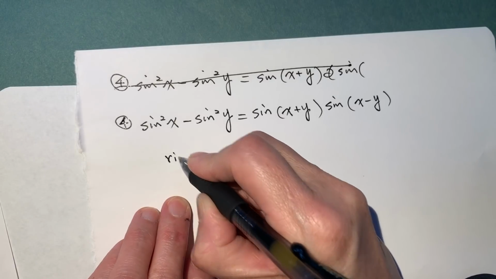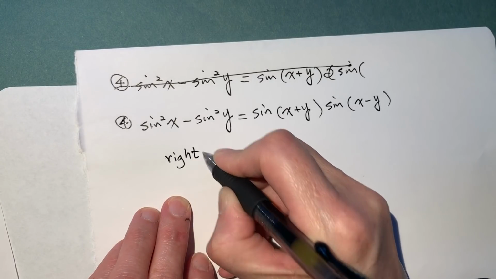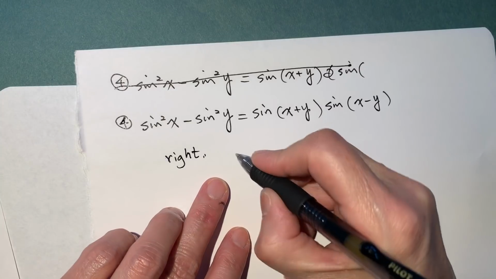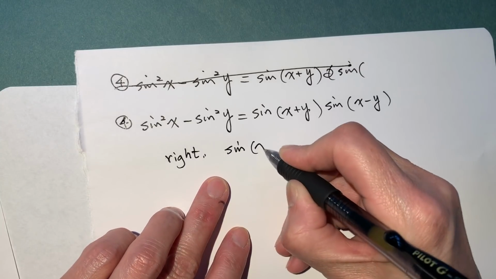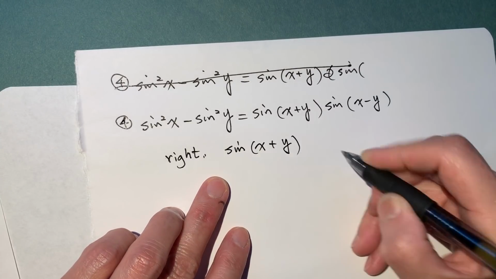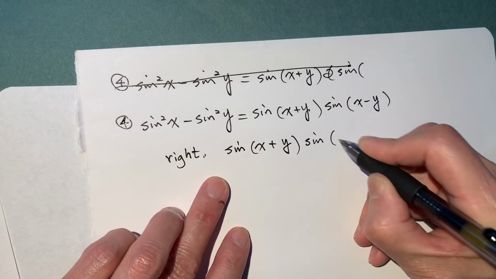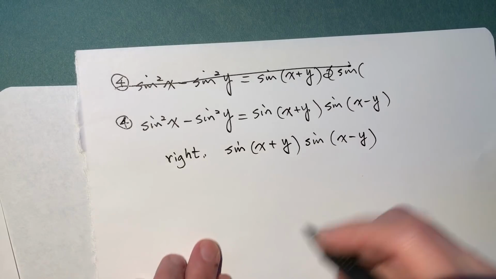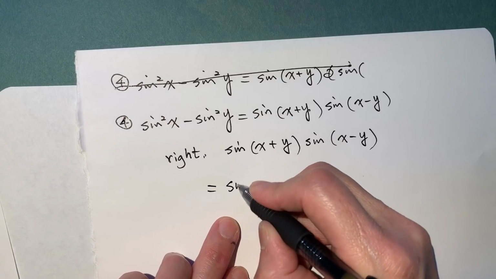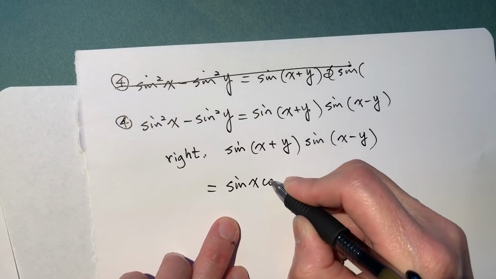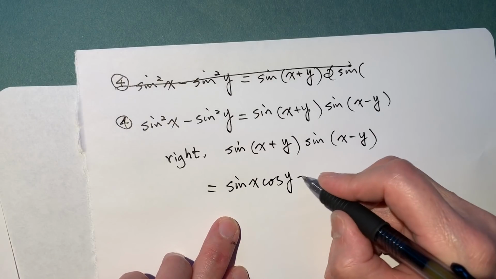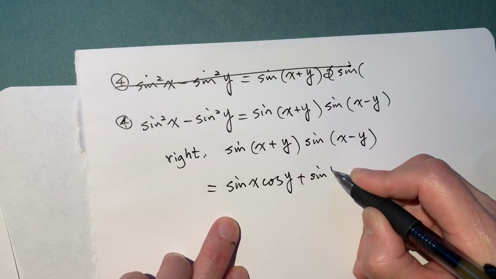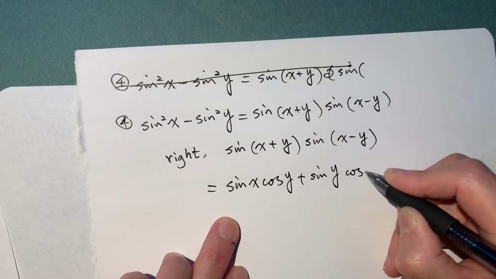On the right side, first I copy it, sine of x plus y times sine of x minus y equals what? Sine x cosine y plus sine y cosine x.